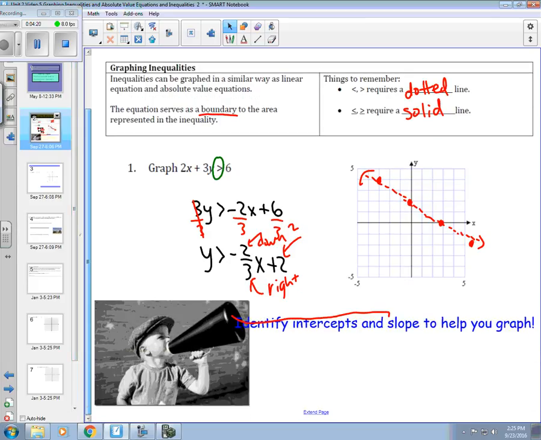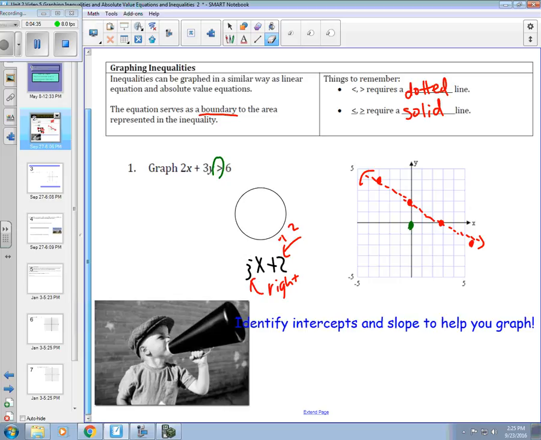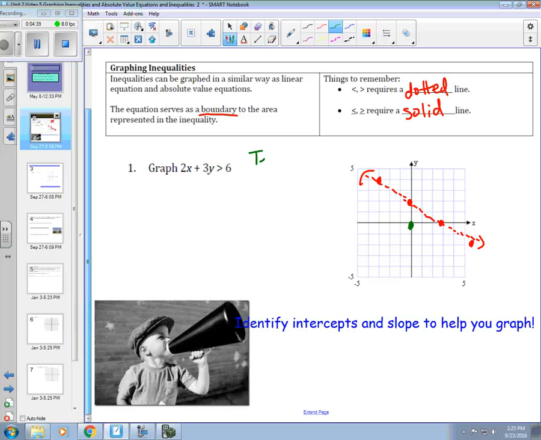An easy point to test is the point 0, 0, the origin, right there. 0, 0 is easy because anything times 0 is 0. So what we're going to do here is test 0, 0 by putting 0 in for x and 0 in for y.